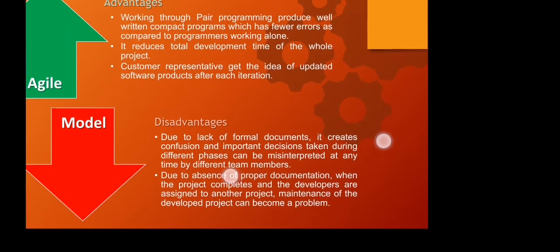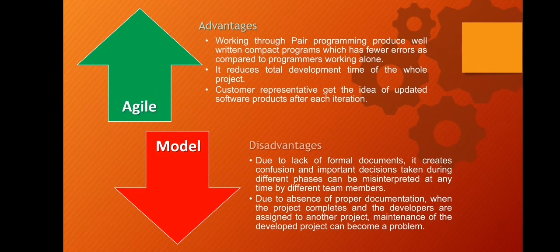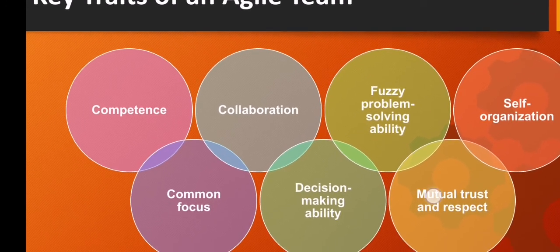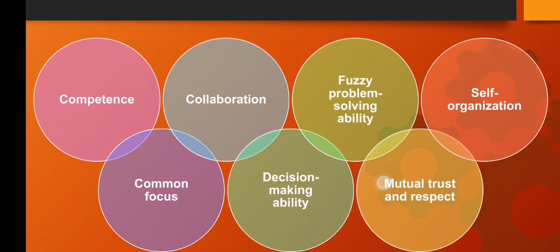Those are the advantages and disadvantages of the agile model. We now go to the different key traits of an agile team. If you are part of an agile team, you should have the following traits. First is competence.